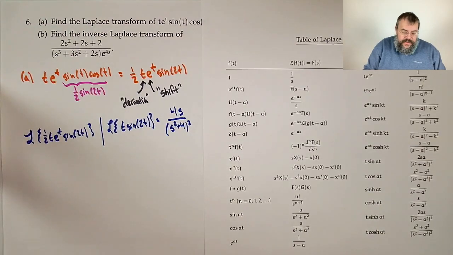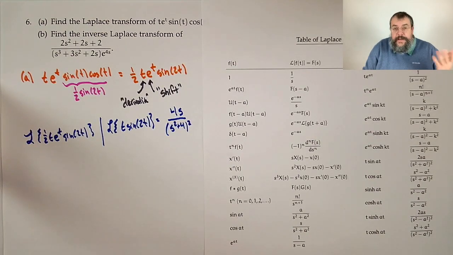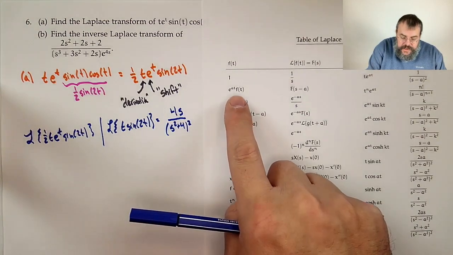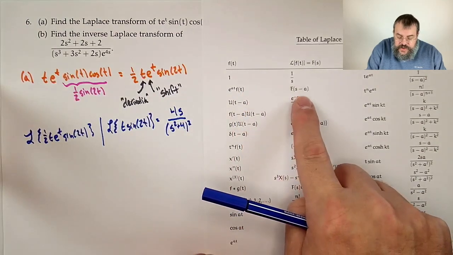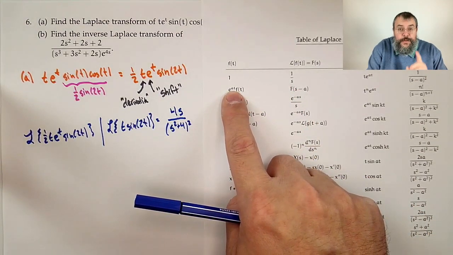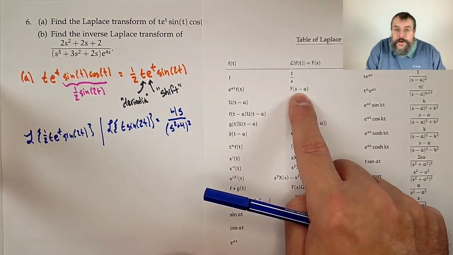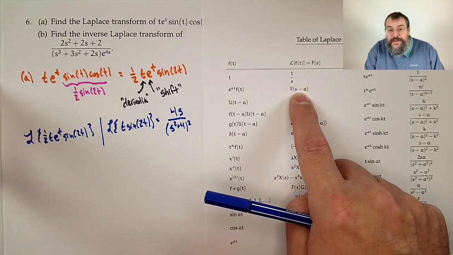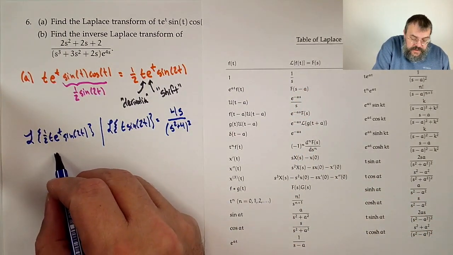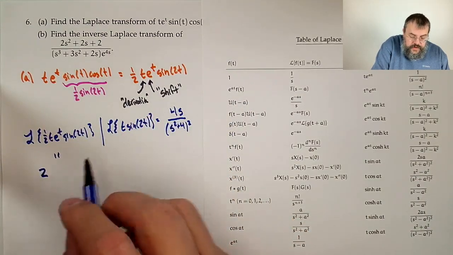All right. Now, what does the 1/2 do? Well, it adds a factor of a half. What does the e to the t do? The e to the t just says shift everything. That's e to the at, so a equals 1. So we're going to shift everything by 1. Everywhere we see an s, put an s minus 1. So our answer would be, the 1/2 times 4 makes it 2.